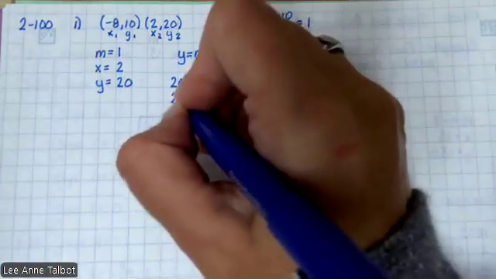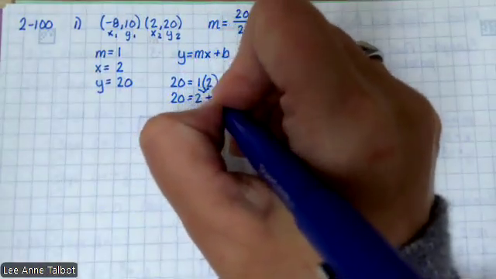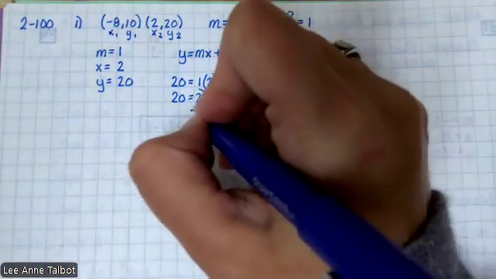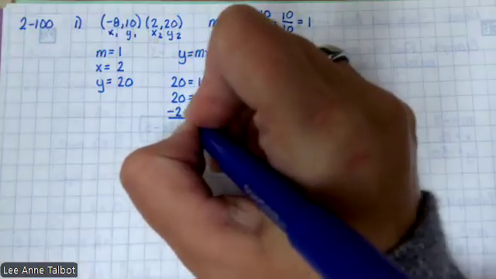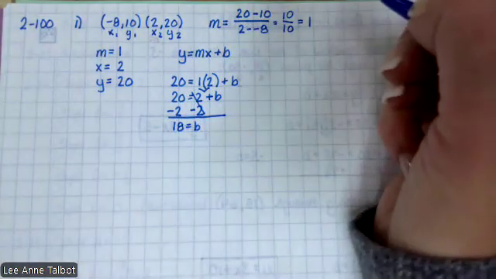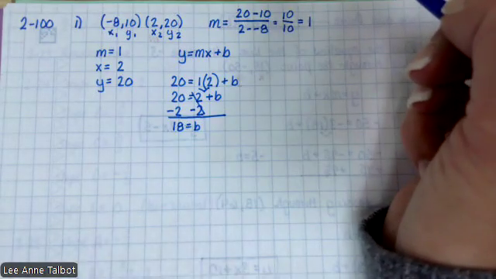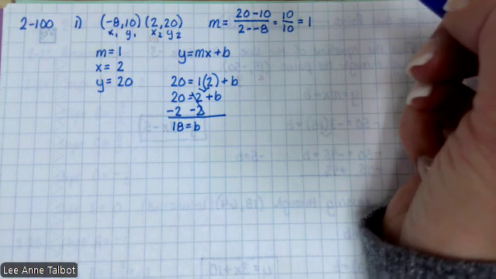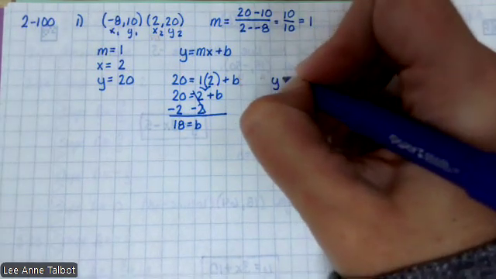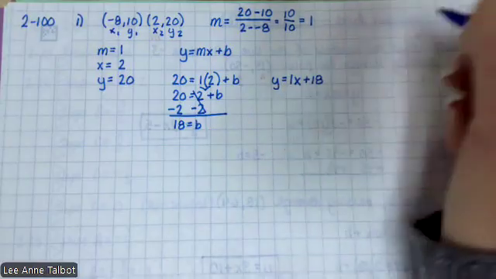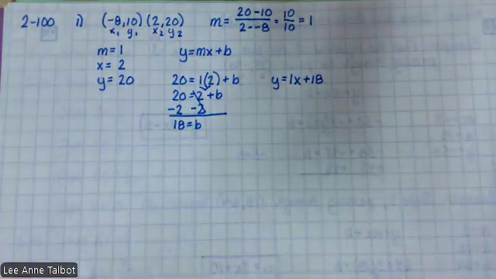Multiply those. Okay, so you have y equals 1x plus 18 as your final answer.